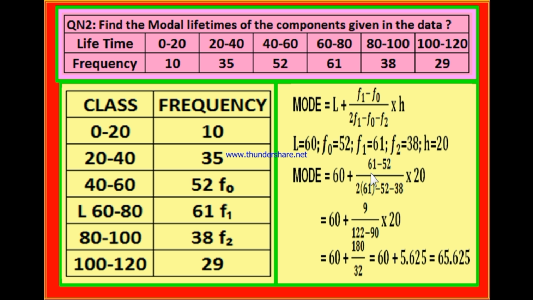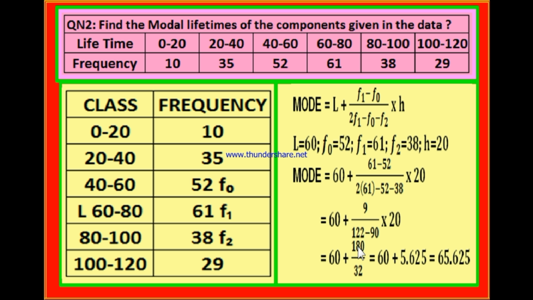This is 60 plus, what is 61 minus 52? 9, divided by 2 into 61 is 122, minus 52 minus 38 is minus 90, into 20. This is 60 plus 9 into 20 is 180 divided by 32.